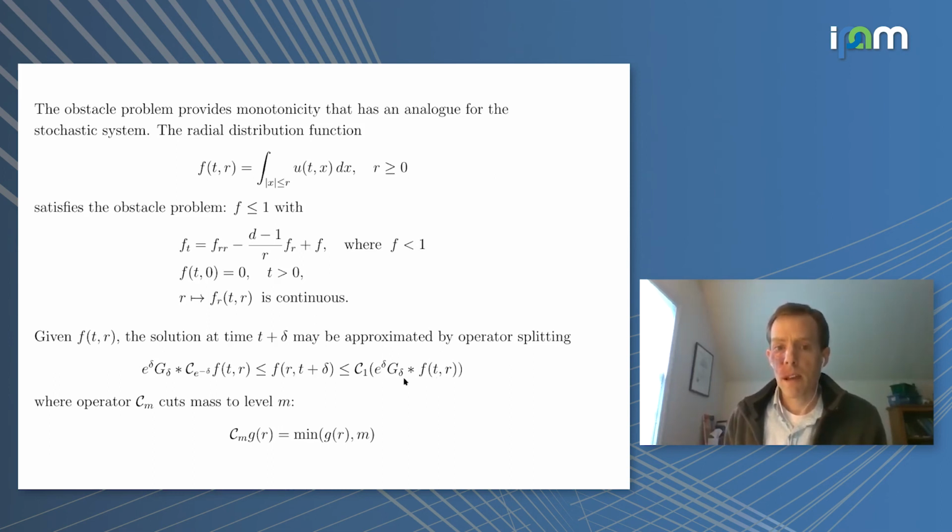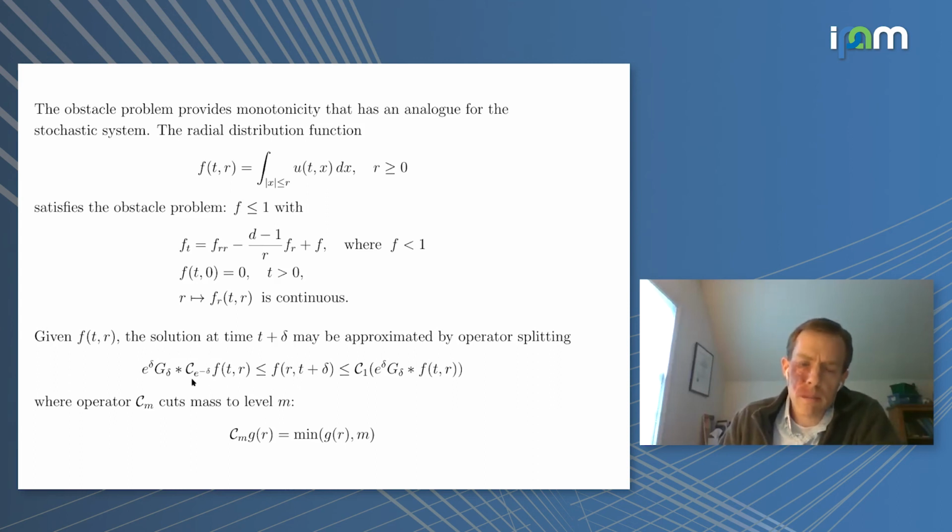Okay? And then we apply this cutting operator to enforce the constraint that f is less than or equal to 1. So the cutting operator is a nonlinear operator. It just cuts a function, C_m cuts it to mass level m, just by taking the minimum of the function and m. Right? So first evolve by the linear equation for a short time, then cut and repeat. Okay? So you can check that this gives an upper bound on f at time t plus delta.